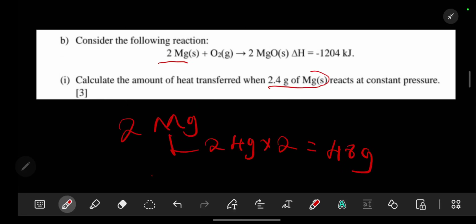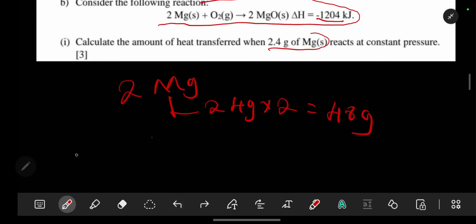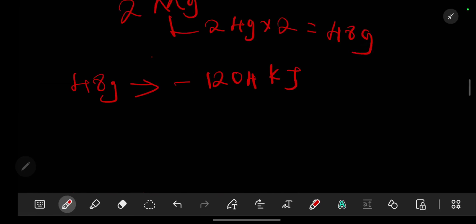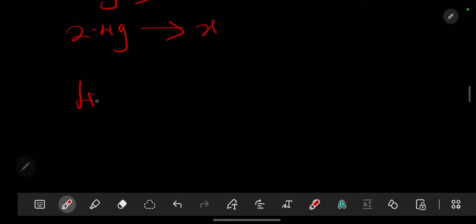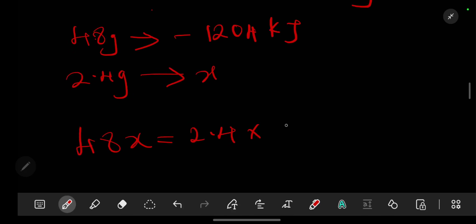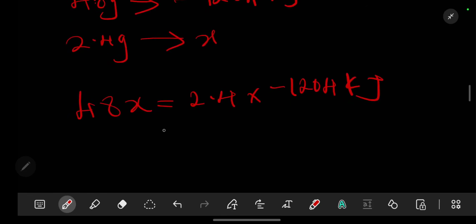So 48 grams, according to this equation, will produce this amount of heat. So you are going to say 48 grams will be able to produce negative 1,204 kilojoules. Then you ask yourself, how about 2.4 grams? So you say 2.4 grams will produce, you don't know. Then cross multiply: 48x should be equal to 2.4 times the negative 1204 kilojoules.